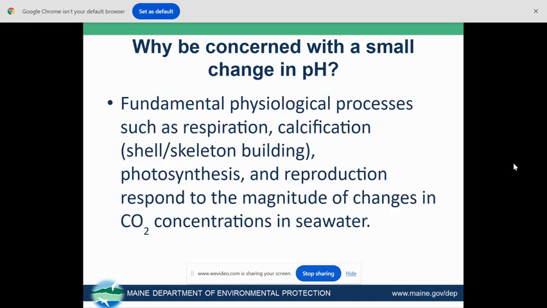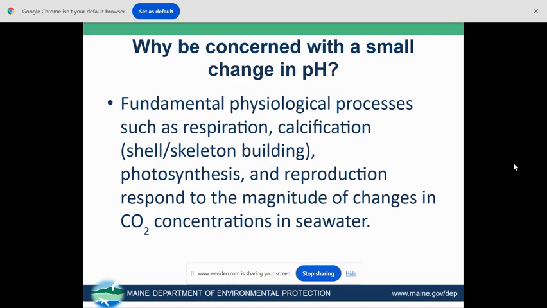All right, so respiration, which is the breathing in of oxygen and releasing of carbon dioxide. Calcification, which is the building of organisms' shells or their skeletons.